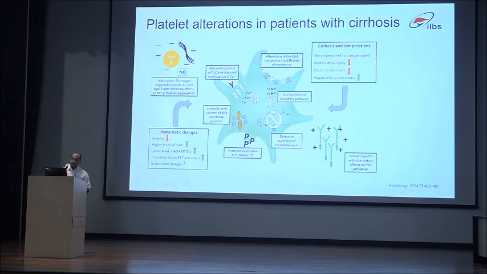The synthesis of thromboxane A is defective. The phospholipid layer of the platelet is altered. So overall, the platelets in cirrhosis are less activated, less functional, and less aggregating.